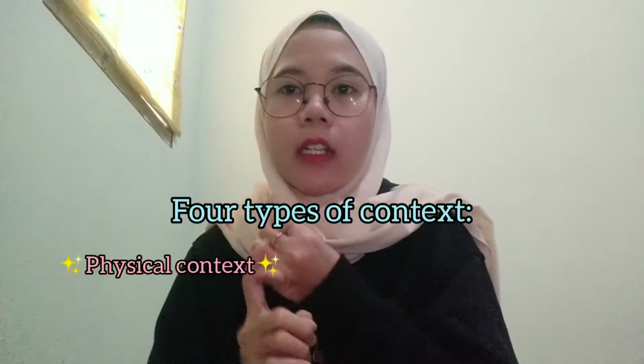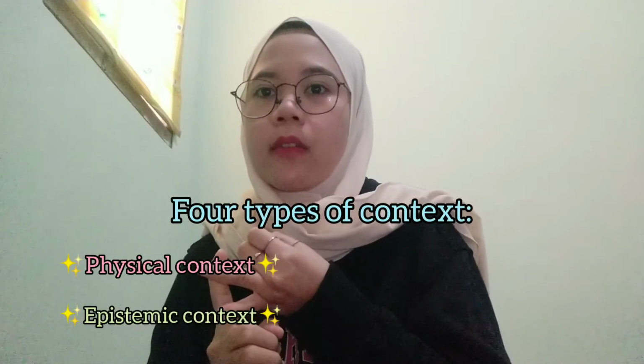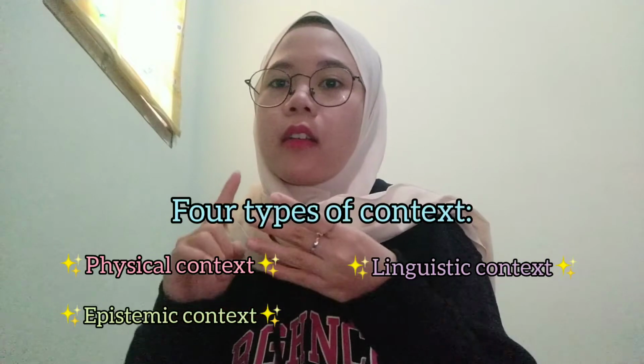Dan ketika berbicara soal konteks, maka sebuah ucapan dapat berbeda dari maksud, tujuan, atau makna yang sebenarnya. So then, in Pragmatics, there are 4 types of context. They are physical context, epistemic context, linguistic context, and social context.